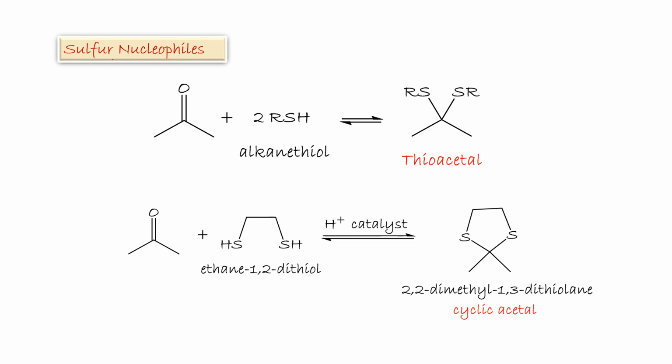Sulfur nucleophile. It's almost like the oxygen nucleophile from the same family. So reacting aldehydes and ketones with alkane thiol will provide thioacetal. If we have 1,2-dithiol, we will get again the cyclic acetal.